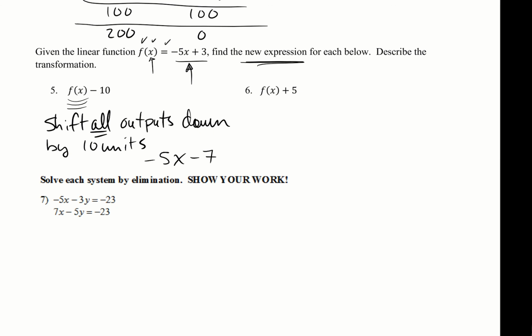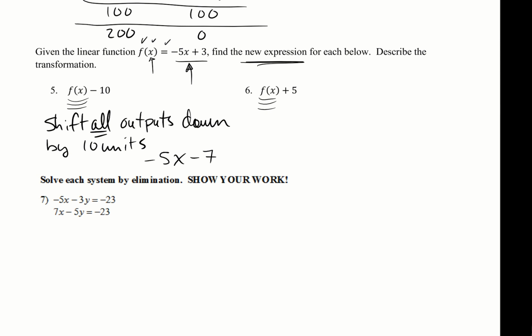If I look at 6, you can see this is a little different now. Again, the f of x represents the output after I put in a particular value of x. And this now says every single time you produce an output, you're going to increase by 5.